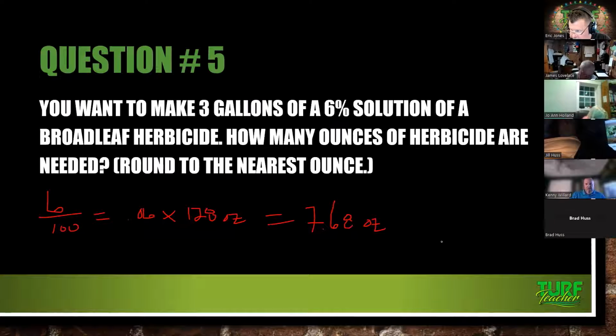Then we multiply it by 2, 15.36. Actually, I multiply it by 3, sorry. What does that give us? I can't do that math in my head, not after a day like today. It's 23.04.